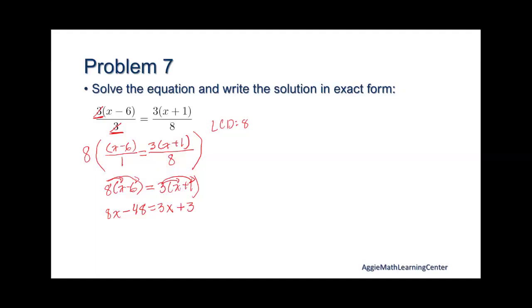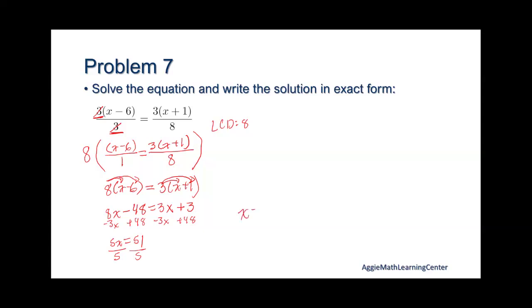So what are we going to do next? I would subtract 3x and then add the 48. So you get 5x equals 51. And what is our next step? Divide by 5.